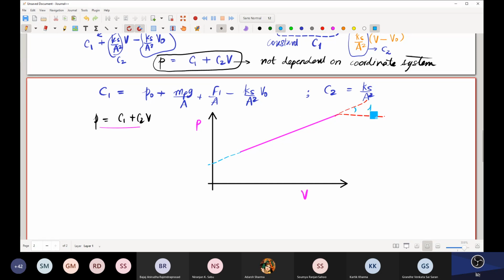This slope is going to be ks over A squared, equal to C2, and this intercept is going to be C1 when volume becomes 0.